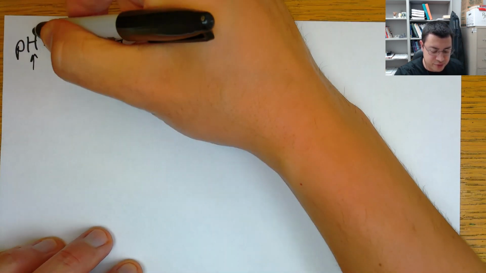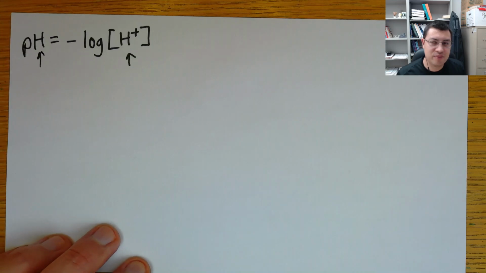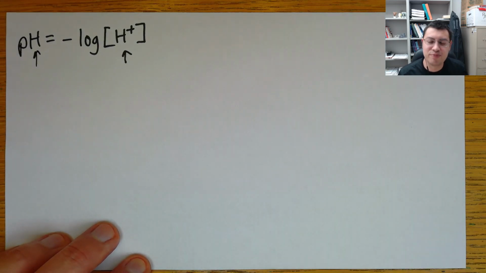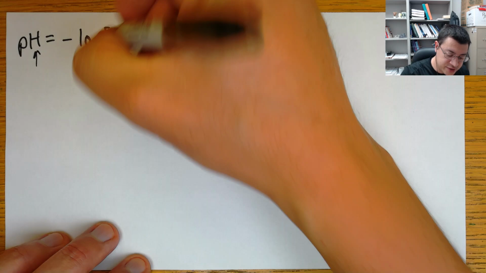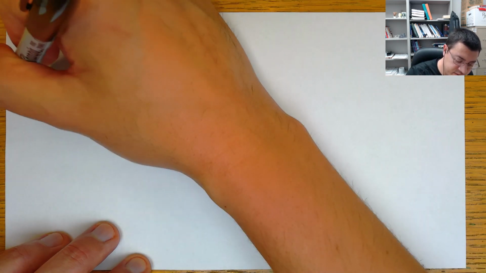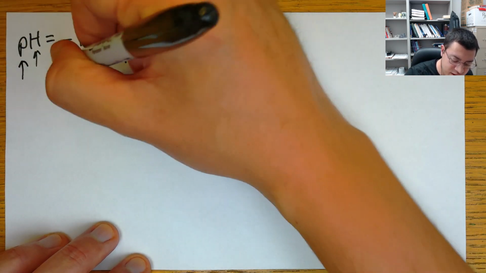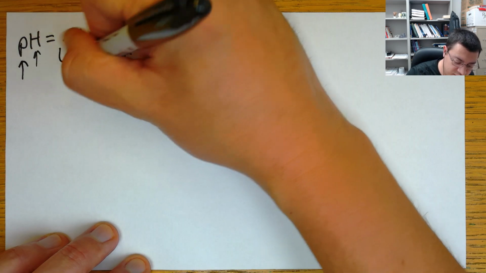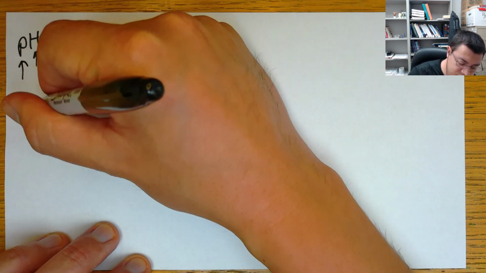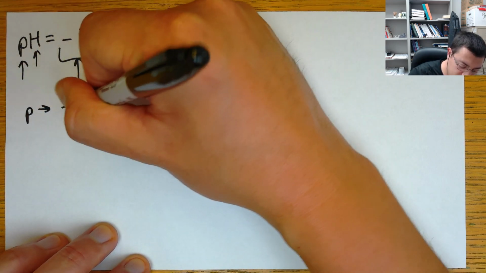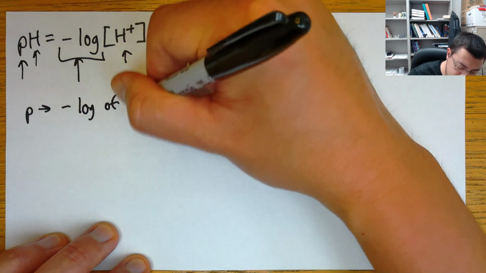We just don't write the plus in pH. That would sound weird. No one says pH+. That's the same, and so the only difference between the sides is P is right there, and then we have negative log right there. So P is a symbol meaning negative log of something.